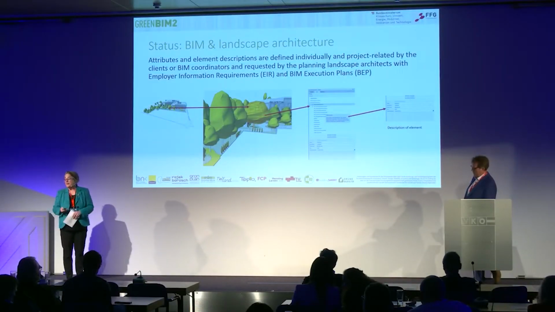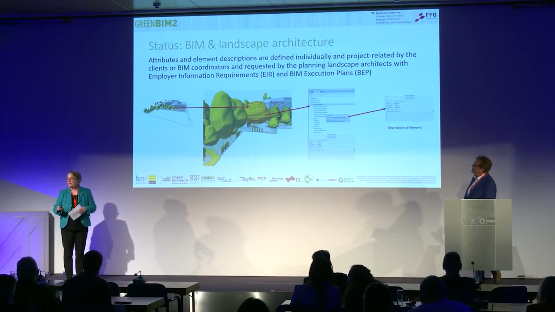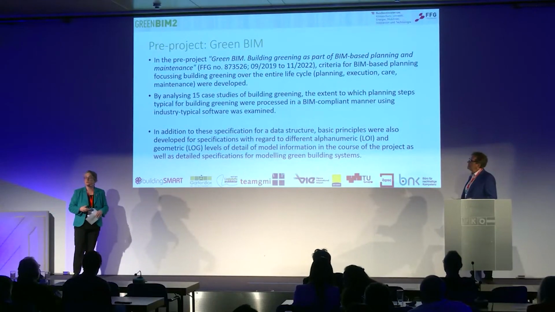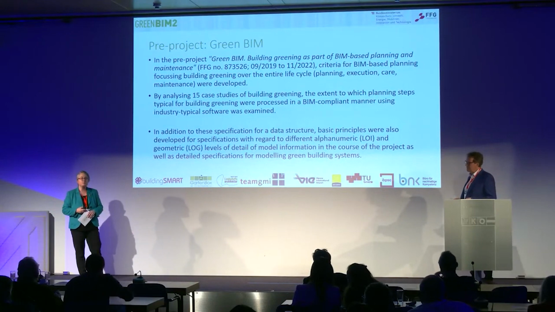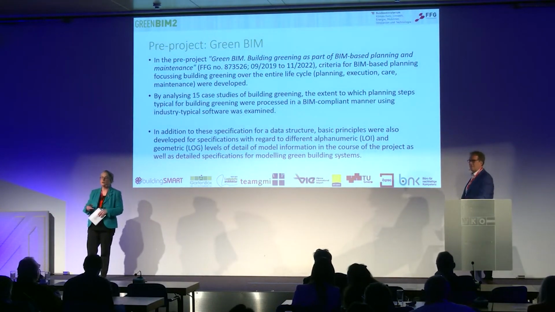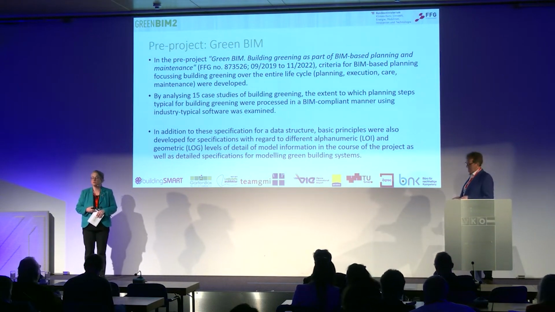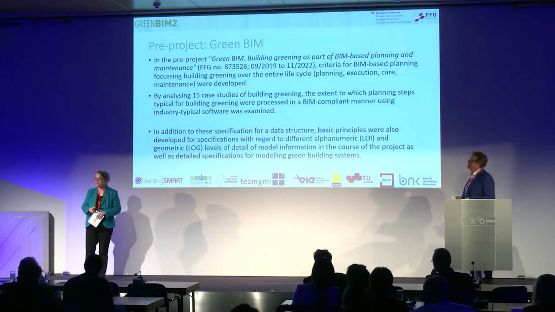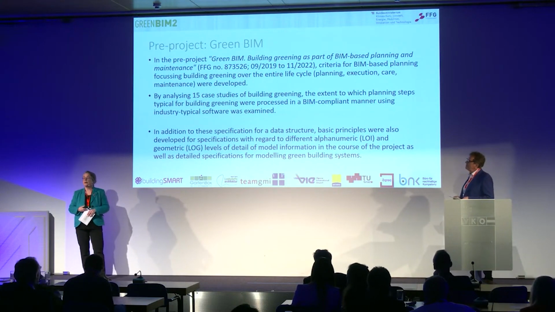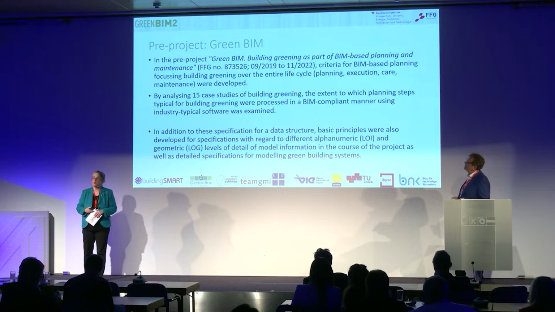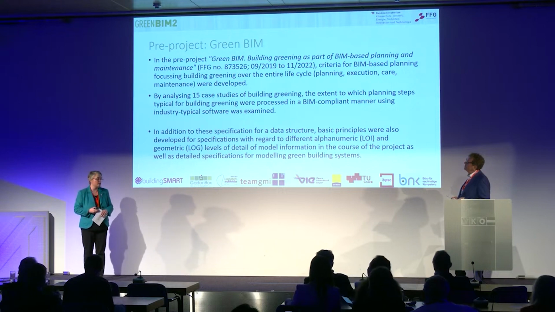We face in landscape planning that the standards are still missing, so that's why we started two research projects. The first research project, which I call the pre-project, is Green BIM 1. It was funded by the Austrian Research Agency, also with money from the ministry, and we could do the first research steps and take a close look at the status.